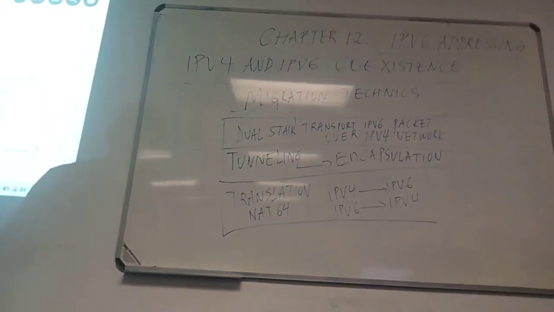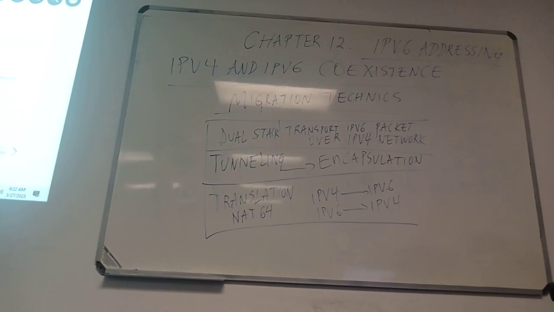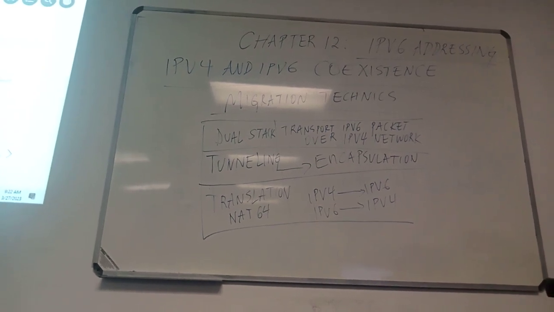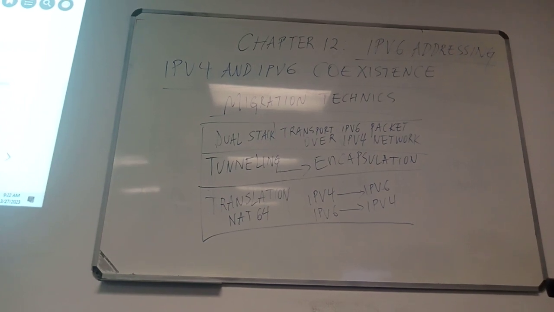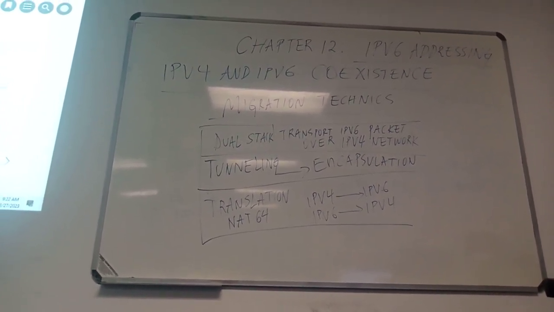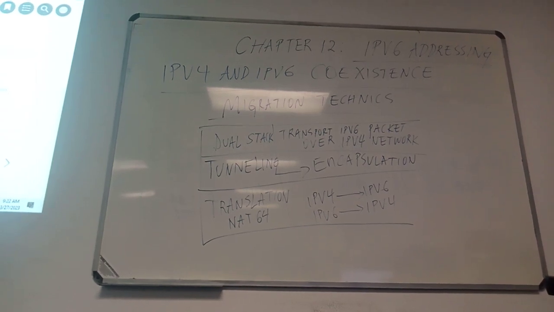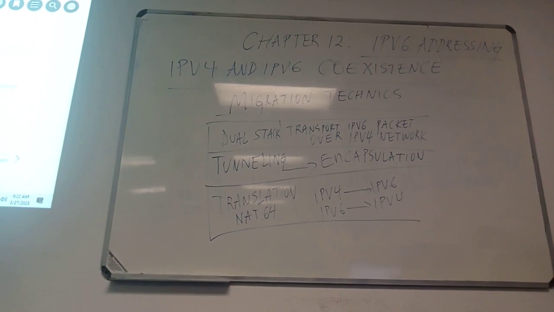Right? To summarize, it means this computer can use those two IPs, IPv4 or IPv6, right? Now, there are different methods that you can go for in order to run those two IPs.